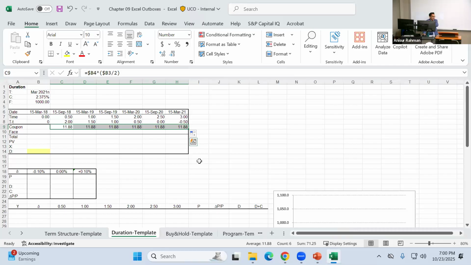Are we missing anything, forgetting anything? So it matures in March 2021. So what are we missing? The face value. Yes, very good. So we have to include the face value here.